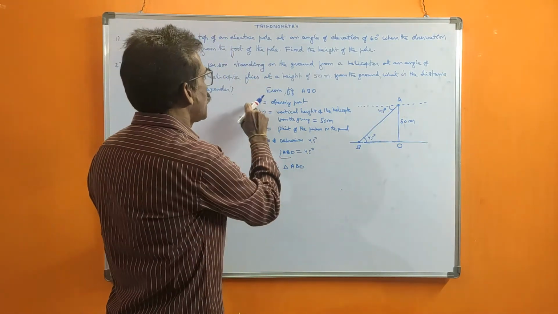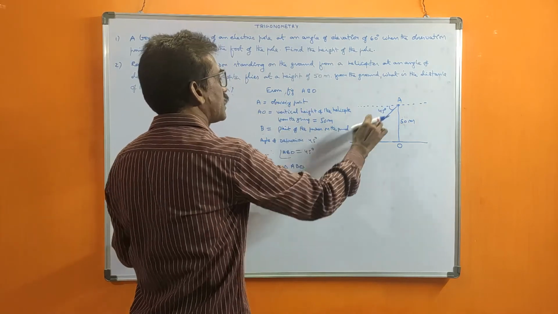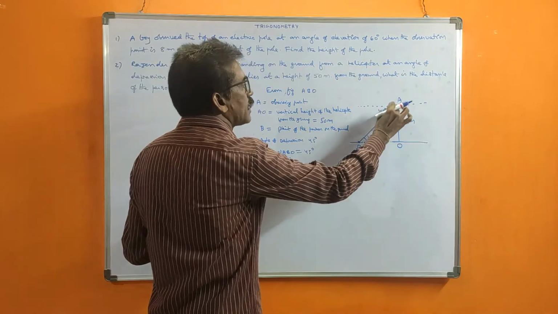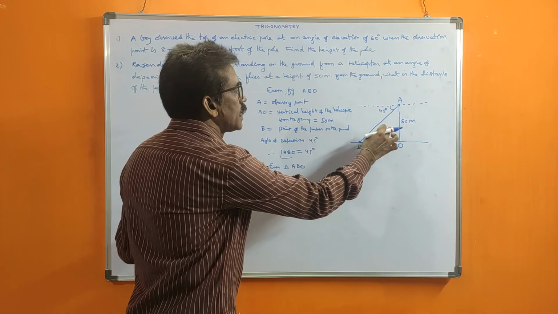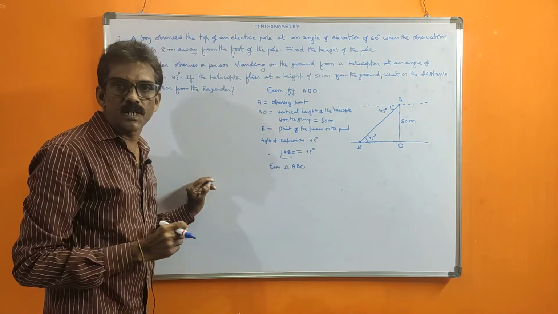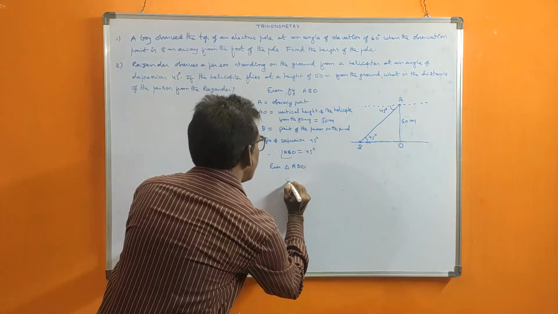This is the observing point, this is the point of the person on the ground. This distance only is asked. According to our picture, AB is the hypotenuse. For this hypotenuse, this is the opposite side. The opposite side and hypotenuse relation is for sine. So take sine.